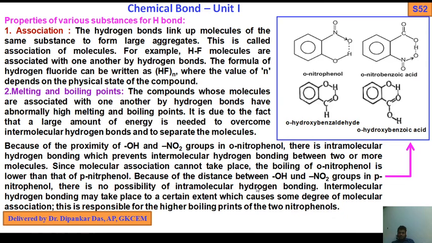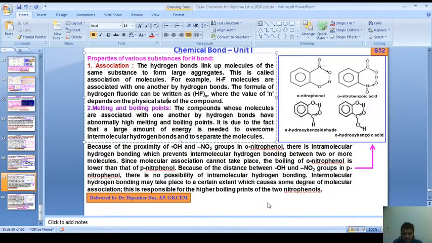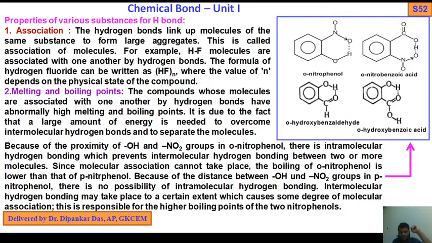Because of the distance between the OH and NO2 groups in paranitrophenol, there is no possibility of intramolecular hydrogen bonding. Intermolecular hydrogen bonding may take place to a certain extent, which causes some degree of molecular association. This is responsible for the higher boiling points of the two nitrophenols.